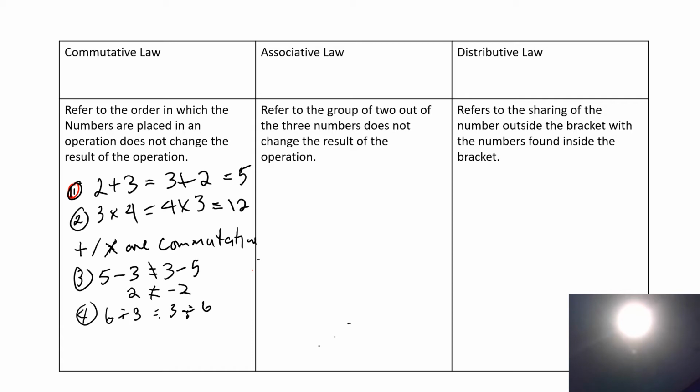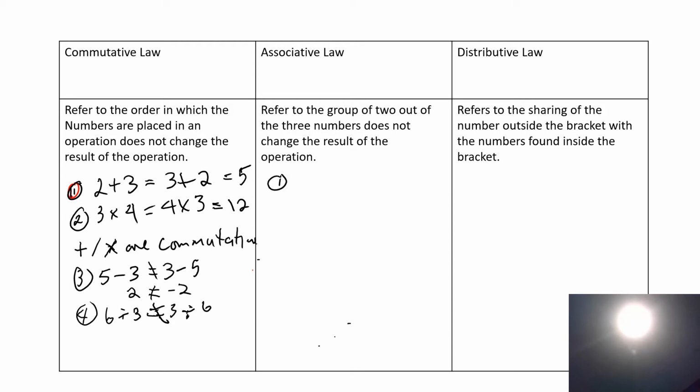Looking at the associative law, we can notice that it refers to the grouping of 2 out of the 3 numbers, which does not change the result of the operation. Associative law is basically an extension of the commutative law. Let's look at what I'm talking about.